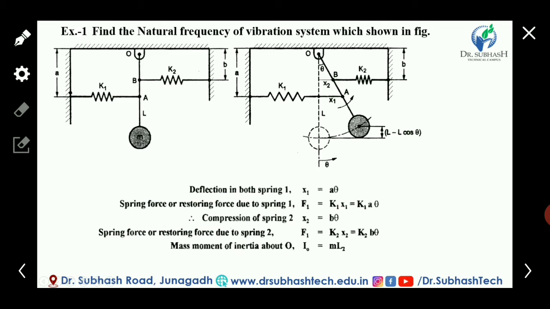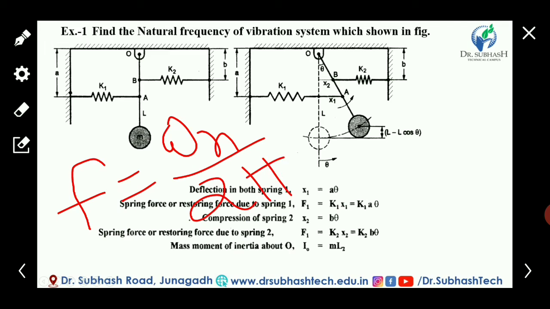The distance of spring K1 from the fulcrum or pivot point of the pendulum is a, and the distance of the K2 stiffness spring from the pivot point is b. Now we have to find the natural frequency. We know that the natural frequency is found from the natural circular frequency divided by 2 pi, so we have to find omega n.